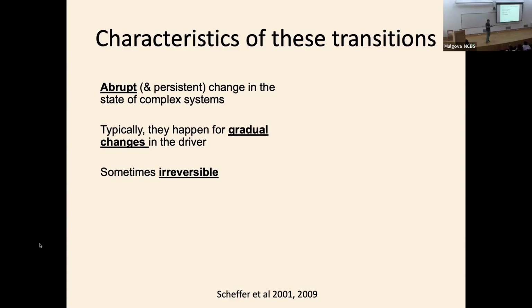Now, once it has switched, even if you withdraw yourself from any sort of disturbances, it's going to get stuck there. It's not going to revert back, probably not within our lifetimes. It would require some dramatic intervention to revert it. For really large scale ecosystems, those time scales are so large that you can effectively call them irreversible.